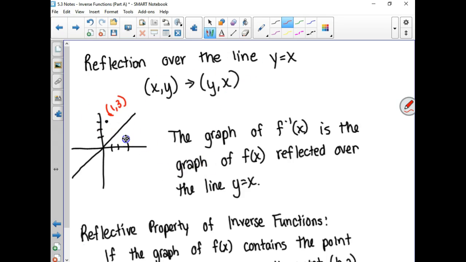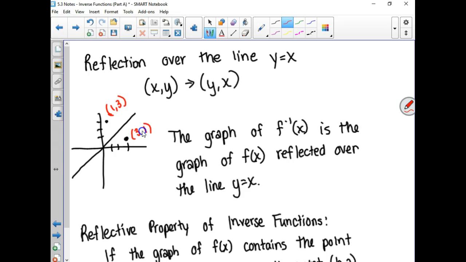If I flip it over the line y equals x, then its coordinates become 3, 1. So the x and y just switch places.